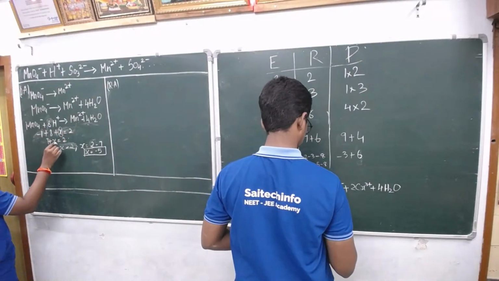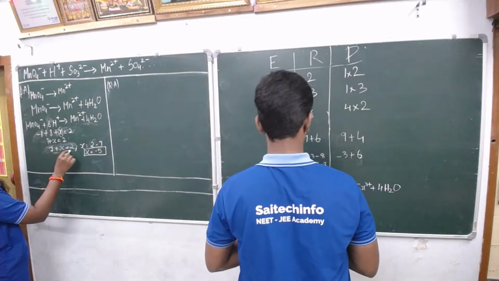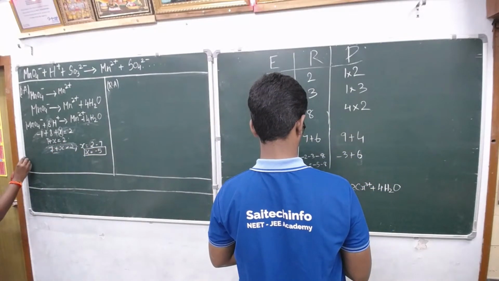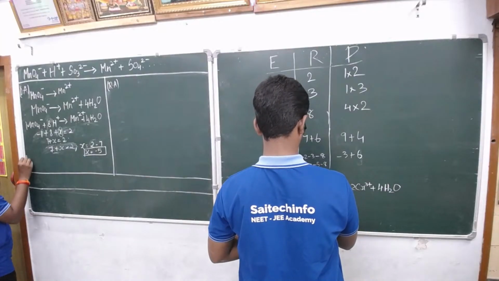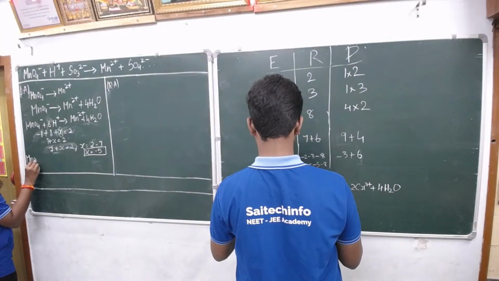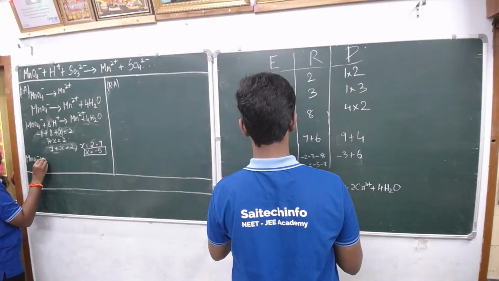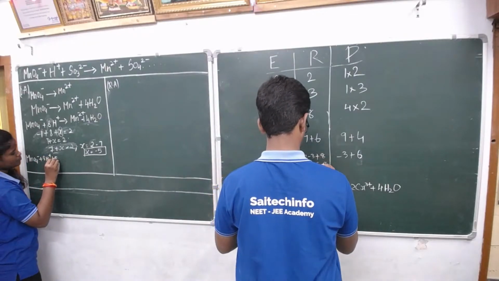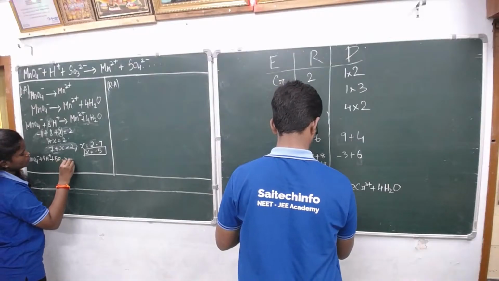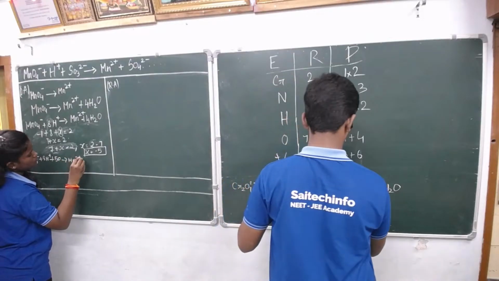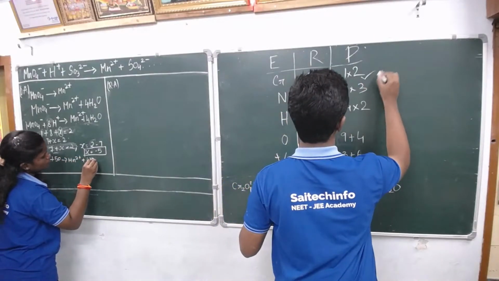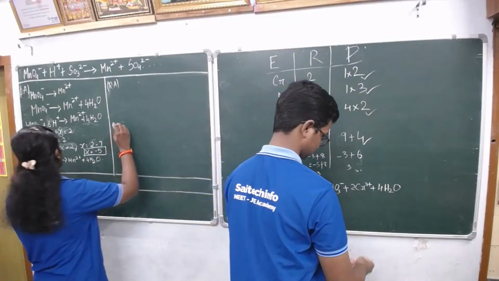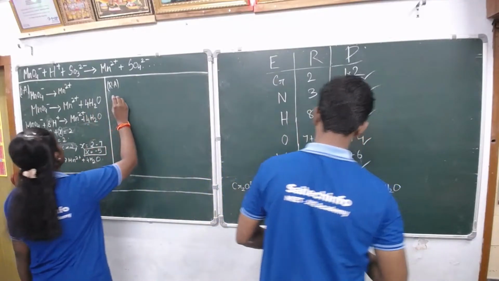So 7 plus X is equal to 2, so X is equal to 2 minus 7, which is -5, meaning 5 electrons need to be added on the left side. That is the balanced one, right? Proceed with that.